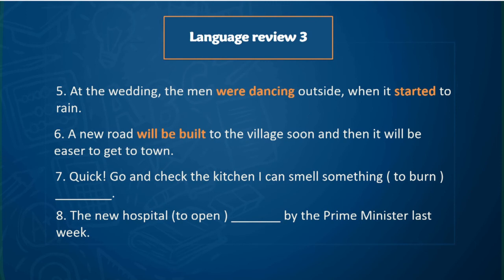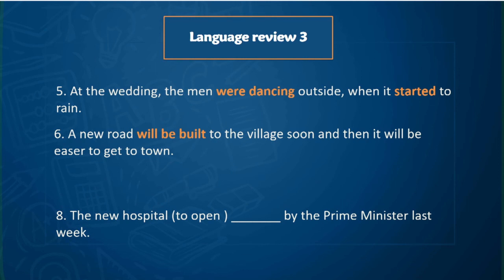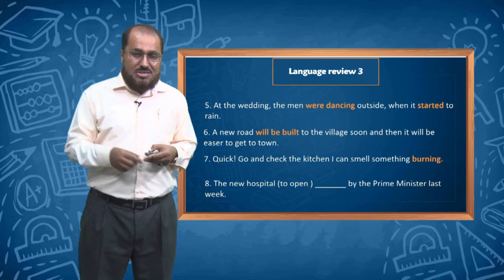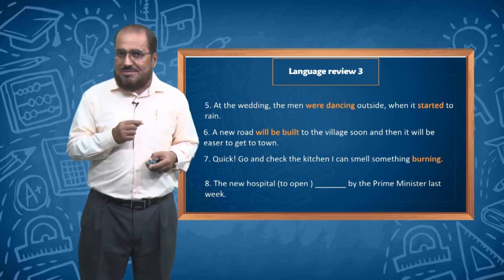7. Quick, go and check the kitchen. I can smell something to burn. Sense verb, smell. So it should be, compare your answer with the model answer. Quick, go and check the kitchen. I can smell something burning.